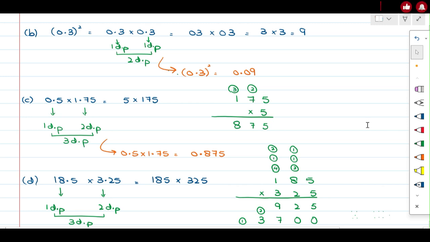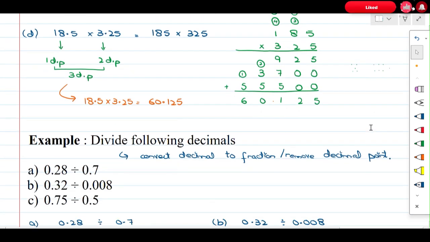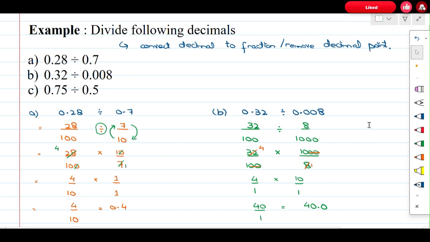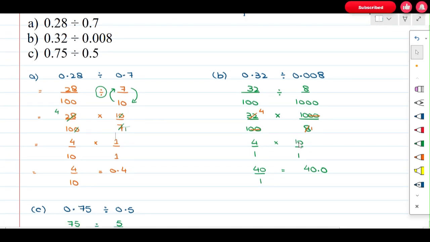Count the number of decimal places if you have two-number multiplication or three-number multiplication, right? And in division, the first step is to convert the decimal to fraction or remove the decimal point. I told you how we convert the decimal point into fraction, and then you have to change the division sign to multiplication and switch the second fraction, or the reciprocal of the second fraction, you can say, and then you can easily cross multiply to get the solution.